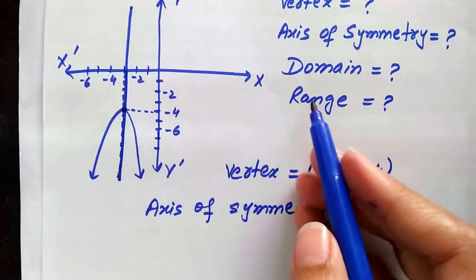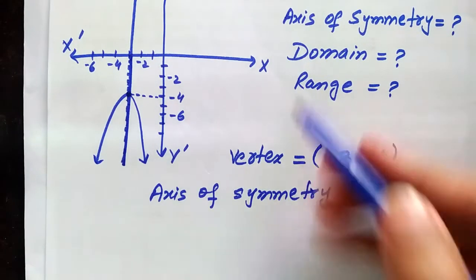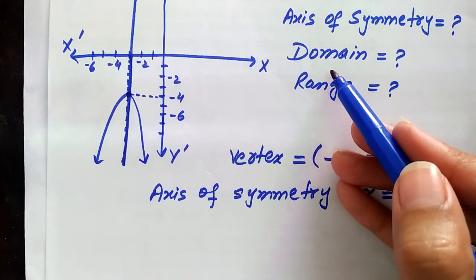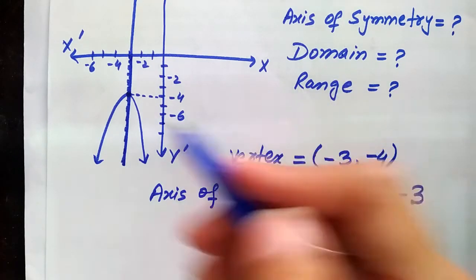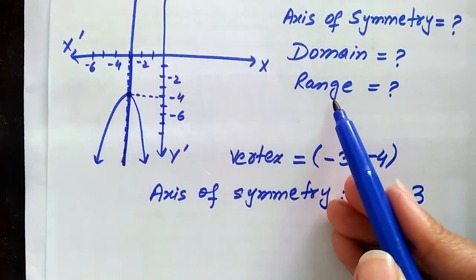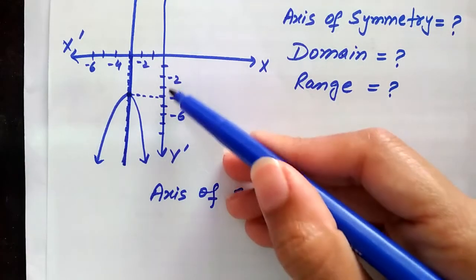Then if you want to find out the domain and range, you must know the relation between the two. Domain is basically the values of x that are used for drawing a parabola, and range is basically the output, the values of y.